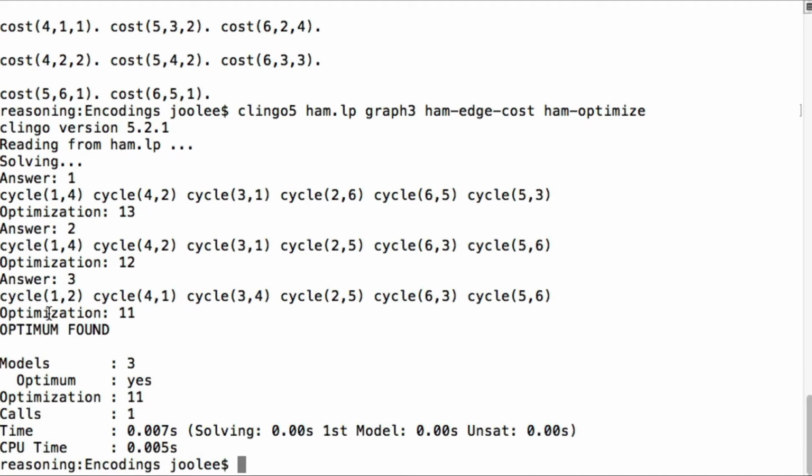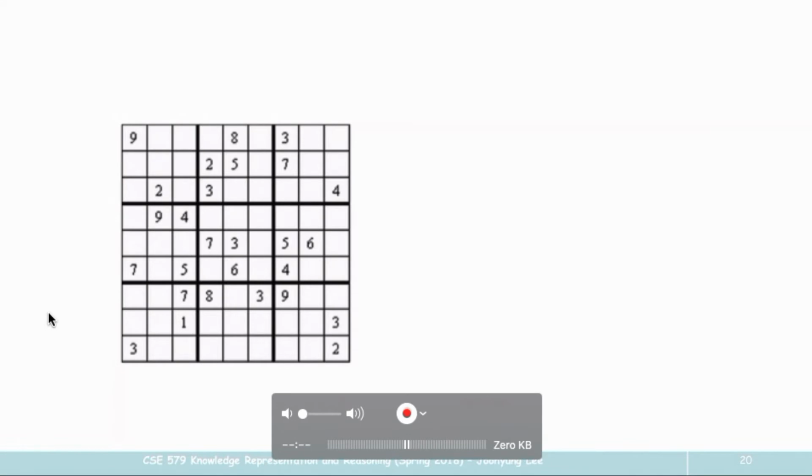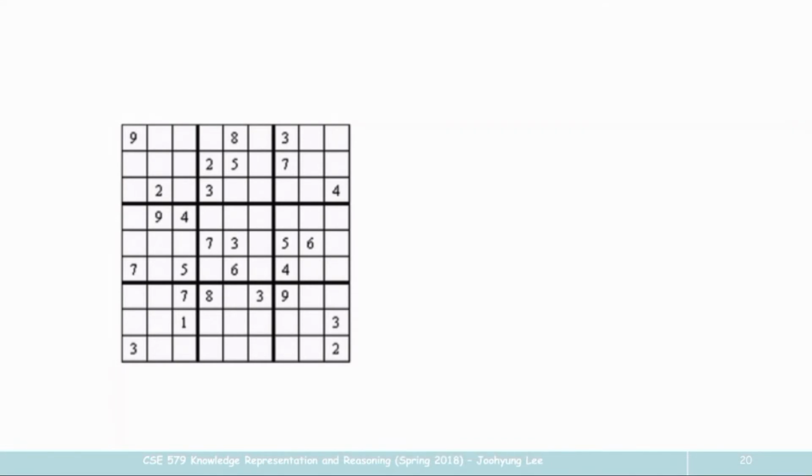There's one thing here. Okay, let's go into Sudoku. So what is a Sudoku? You have to place numbers from 1 to 9, so that no numbers are repeated in the same row or column or same 3 by 3 box.